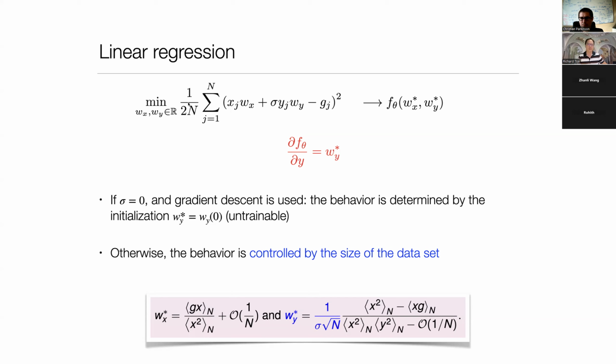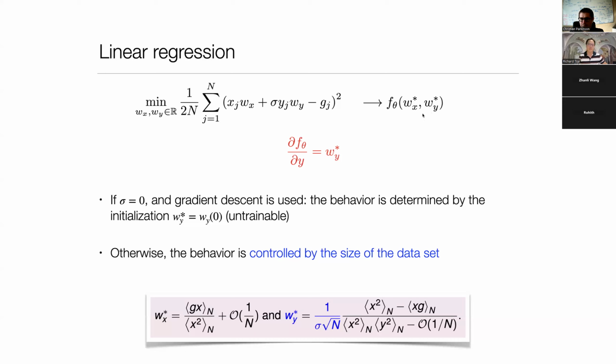This is the least squares setup, formulated this way. Suppose you can find the minimum, the optimal parameters w_x and w_y. Then we're going to denote these optimal parameters using a superscript star over here. Then you have your function that you would use for inference.